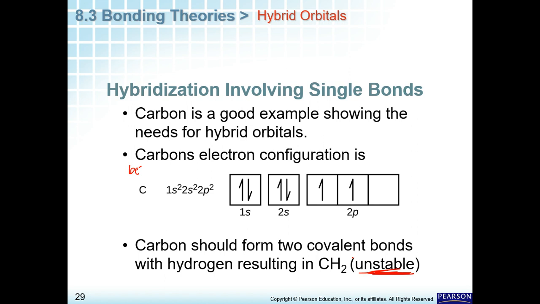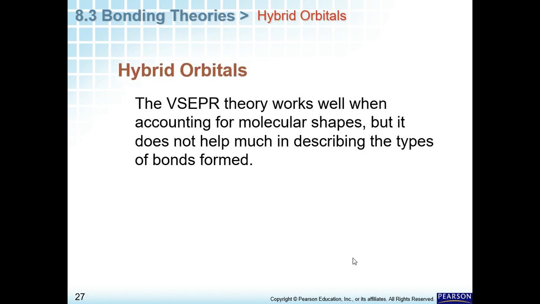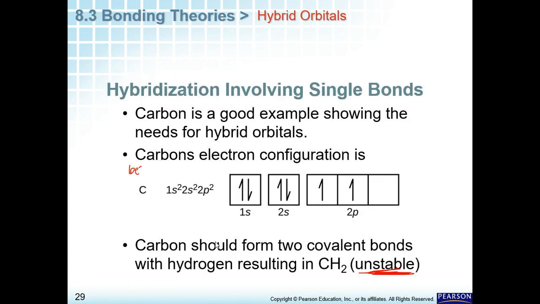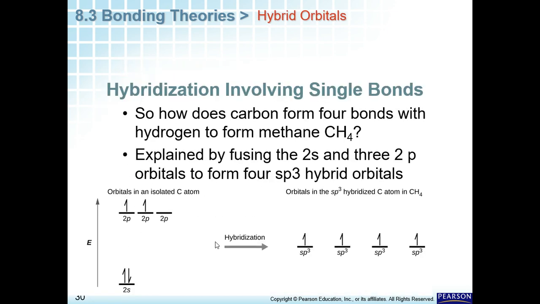We know that carbon can actually form, and I'm going to go back to this picture we drew, carbon in this image formed 1, 2, 3, 4 bonds. How is that possible if I can only draw 2? The reasoning for that is hybridization. So how does carbon form 4 bonds?